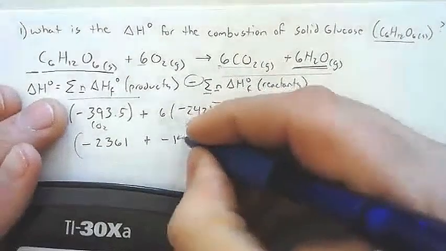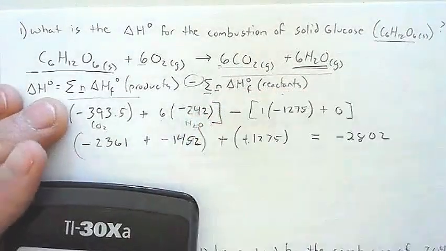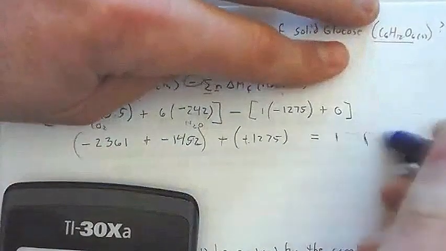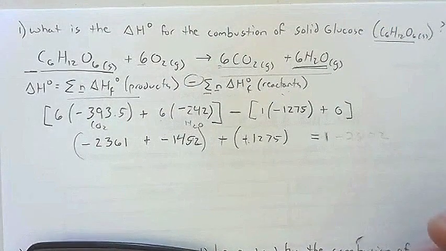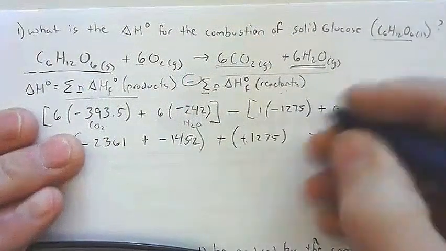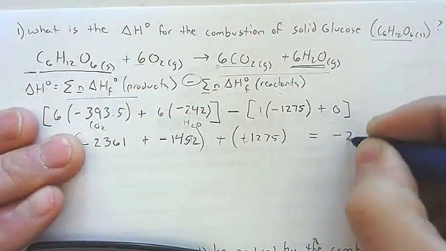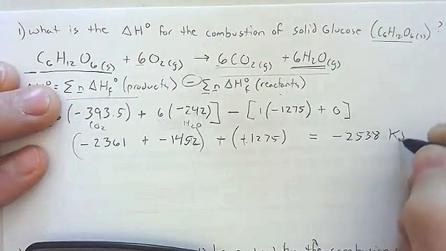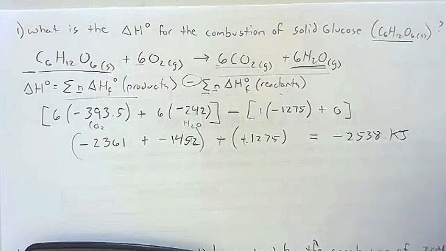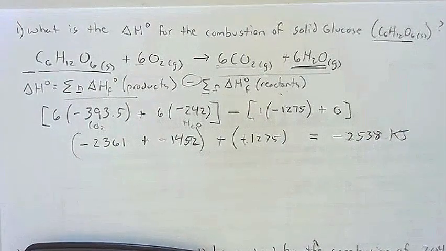And that's actually 1452. And when I add all that up together, it actually comes out to a grand total of negative 2538 kilojoules worth of heat being produced in this chemical reaction.